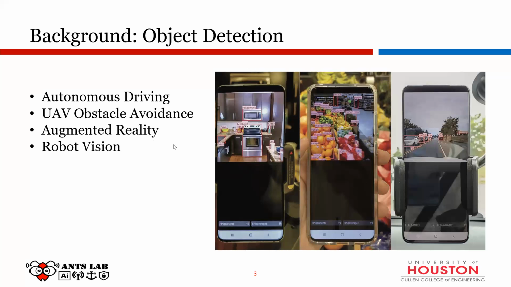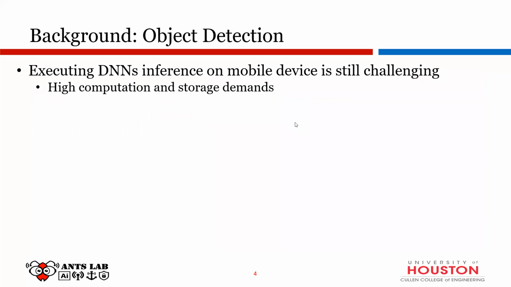Thanks to deep learning technologies, the object detection task can achieve high accuracy. However, one remaining challenge is that due to the large scale of current DNN models, even DNN inference can be difficult to implement on mobile devices due to the high computation and storage demands.